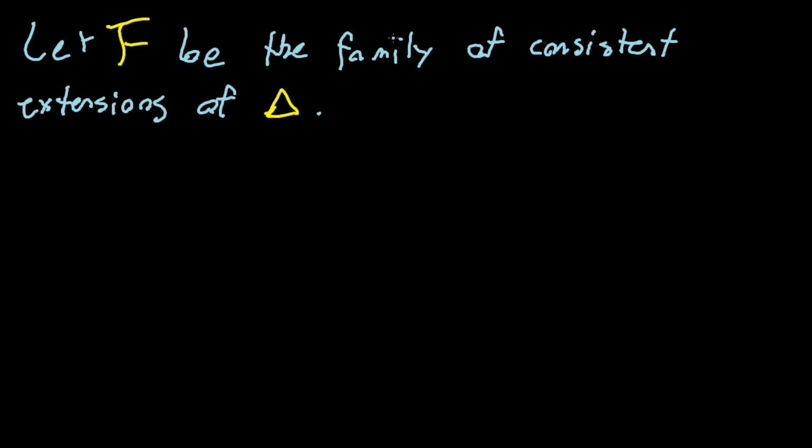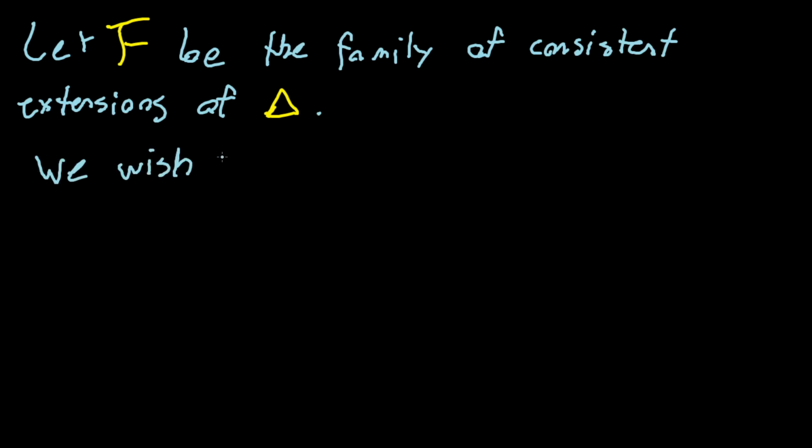So Zorn's lemma would give us the result immediately, because if we have a family of consistent extensions of delta, then a maximal element in that family is a maximal consistent extension, which is what we want to show the existence of.